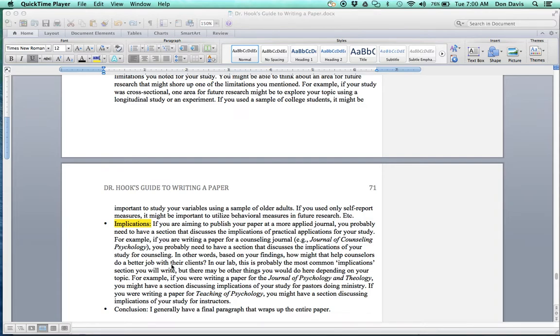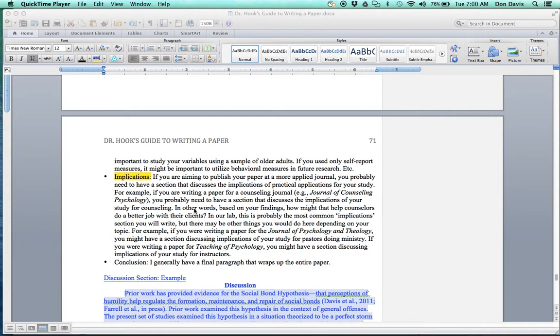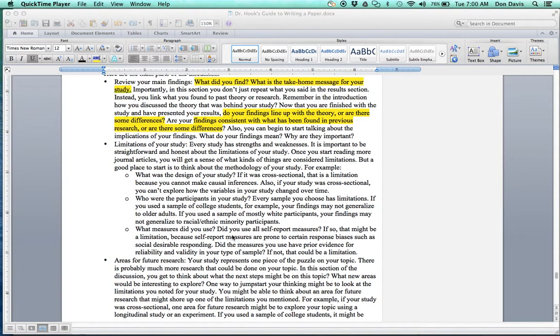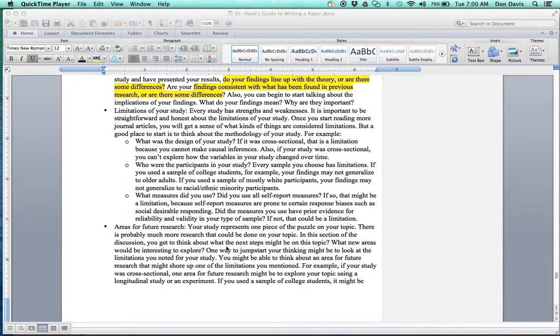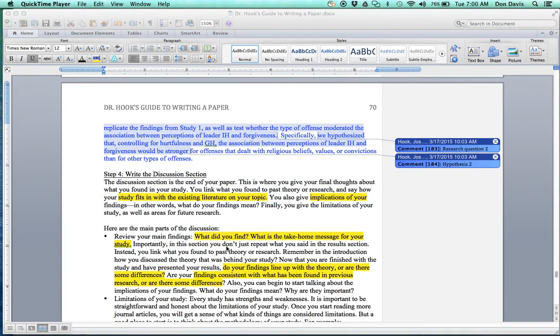So you have to qualify a lot of what you're saying, but it's like, okay, if we're right about this, how does it matter, particularly for clinicians? Those sections are fairly straightforward, although you have to do some thinking.